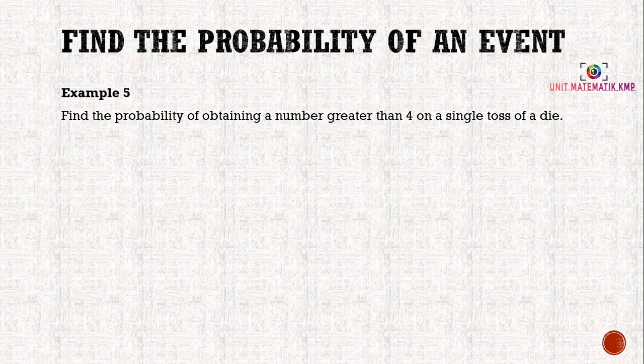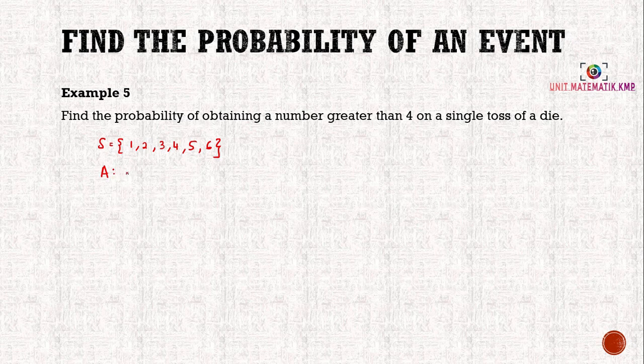Okay, next we want to find the probability of obtaining a number greater than 4 on a single toss of a die. So when we roll a die, the sample space is the results 1, 2, 3, 4, 5 or 6. We denote the event as E. You can choose any alphabet, but choose the easier one.